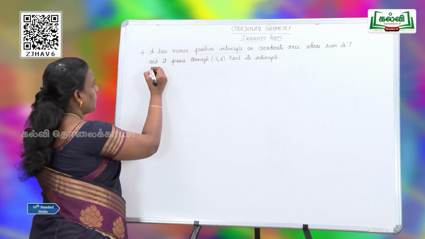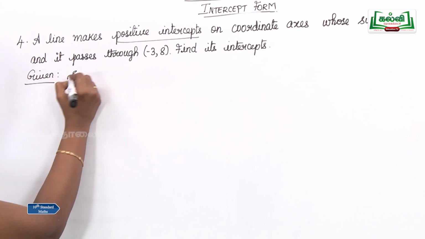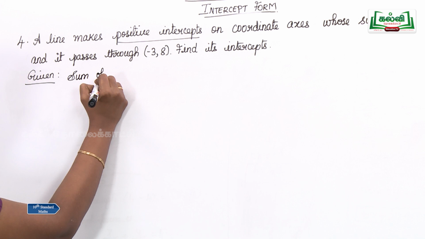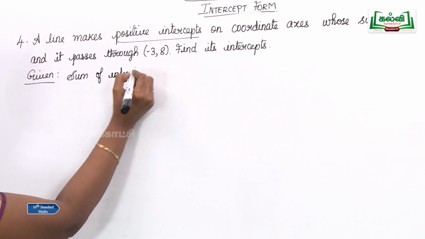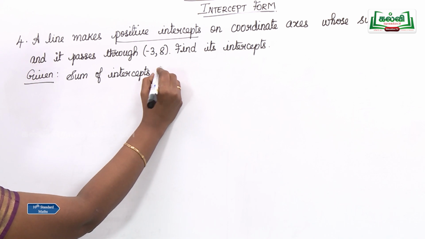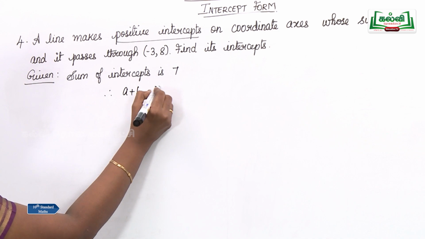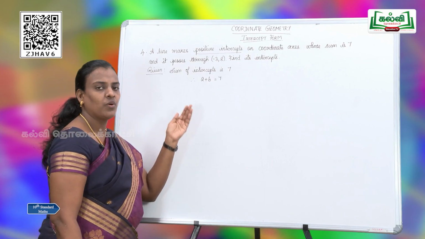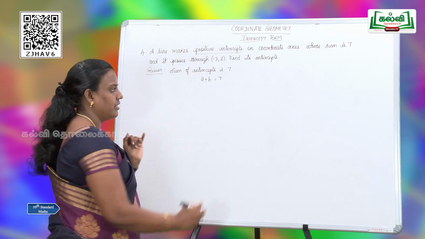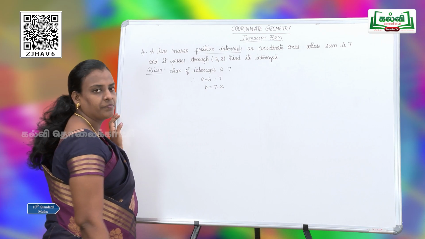Okay. So let me write out what is given. So the sum of the intercepts is 7. Therefore, I will take it as A plus B is equal to 7. Always I am going to write one intercept in terms of the other intercept. So let me take B is equal to 7 minus A. Okay.